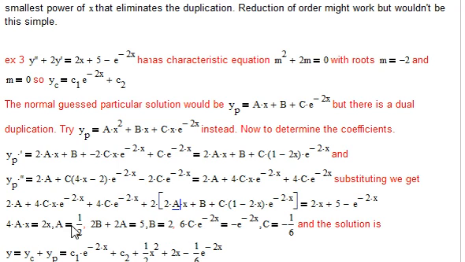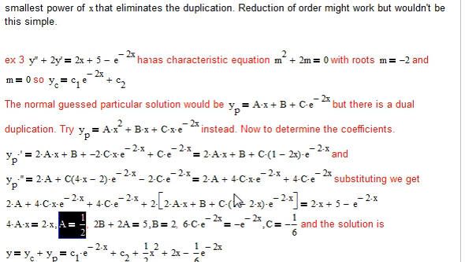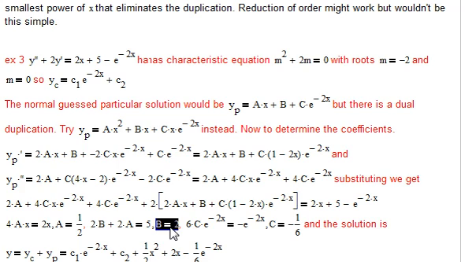So that tells us that a equals a half. Now 2b plus 2a equals this 5. Do you see where the 2b plus 2a is? Here's the 2a, here's the 2b. And so that has to be equal to 5. We already know a is a half, so that means b must be 2.